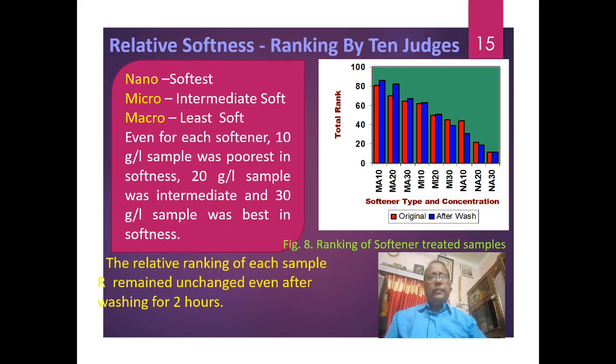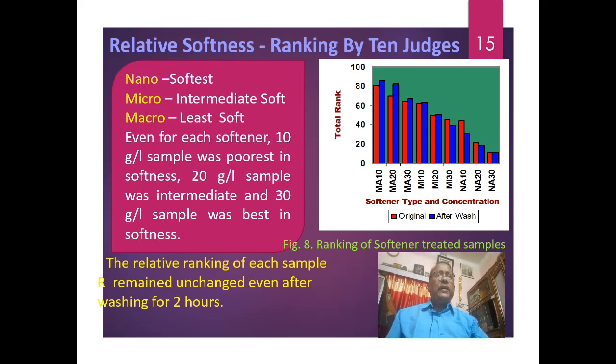The relative softness measured by 10 judges lets us conclude that nano was found to be softest, micro intermediate soft, macro least soft. Even for each softener, 10 grams per liter was poorest in softness, 20 grams per liter was intermediate, and 30 grams per liter was best in softness.